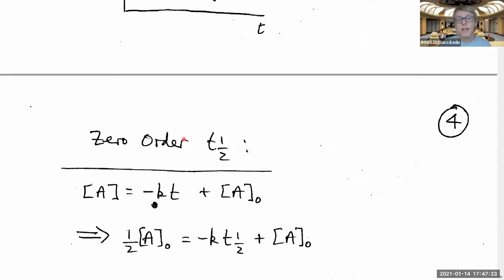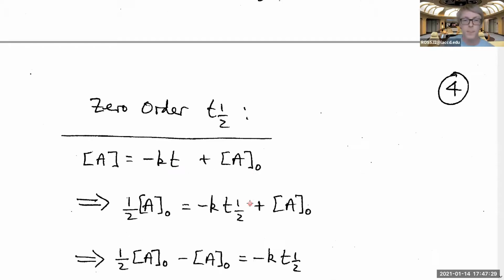So let's take that straight zero order rate equation and let's calculate the zero order half-life. So we start with our first expression. We can then let, by definition, all t's become half of the initial t's.